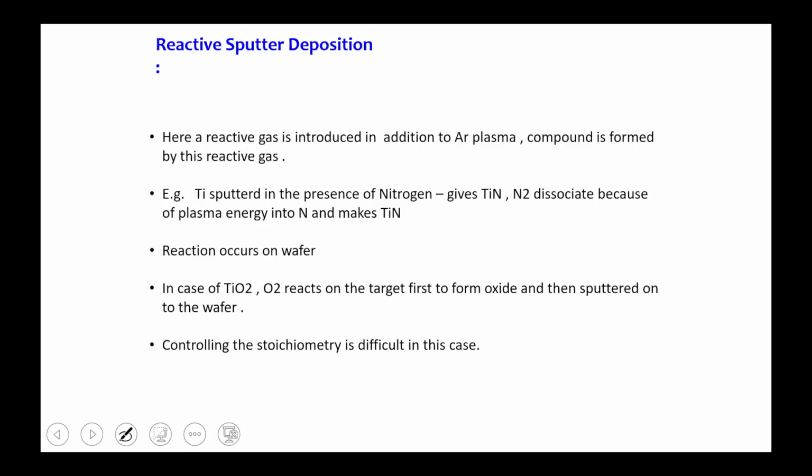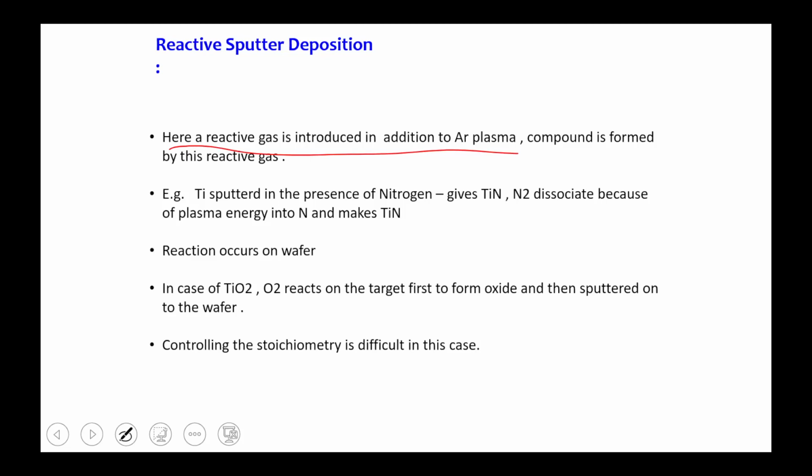So another is the reactive sputter deposition. Here a reactive gas is introduced in addition to the argon plasma. A compound is formed by these reactive gases, like when you want to make an oxide surface.